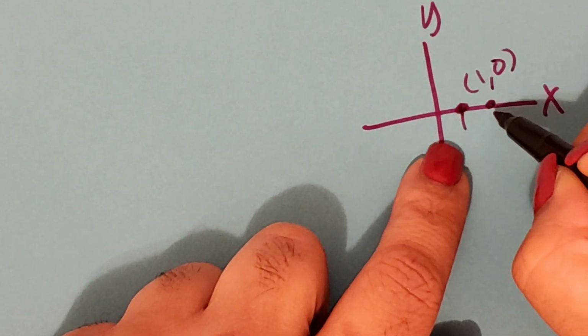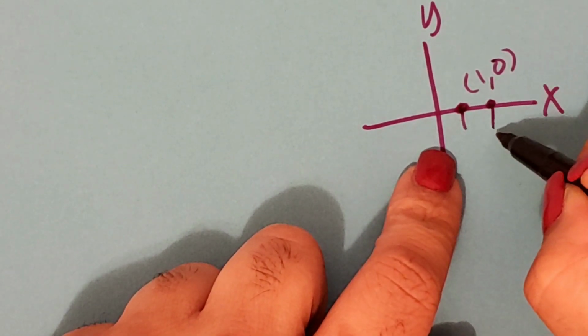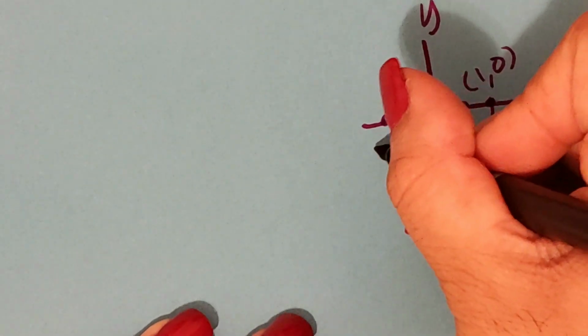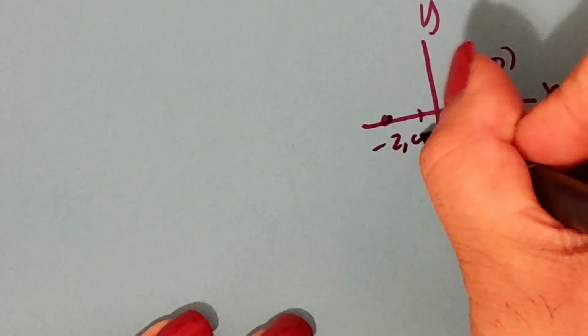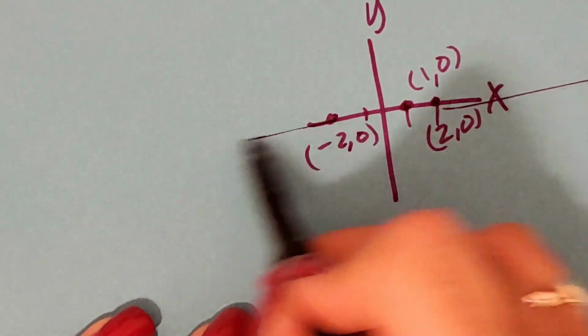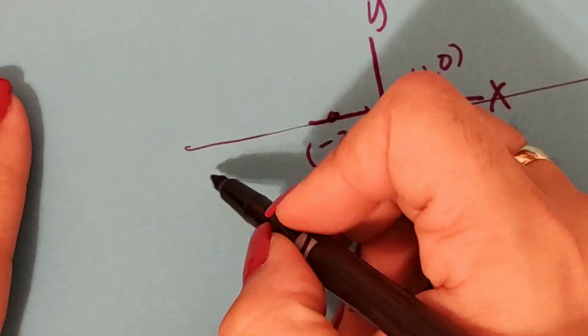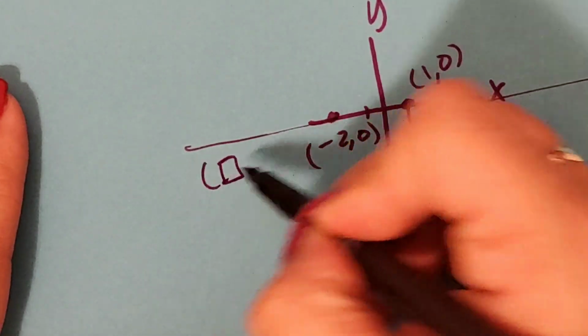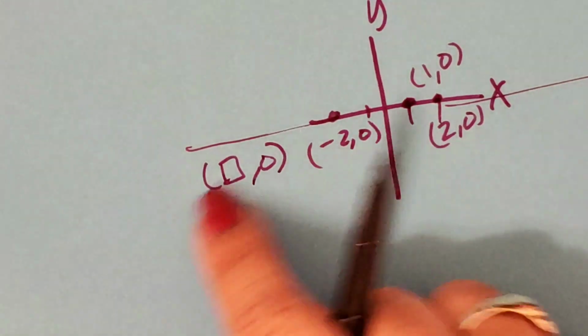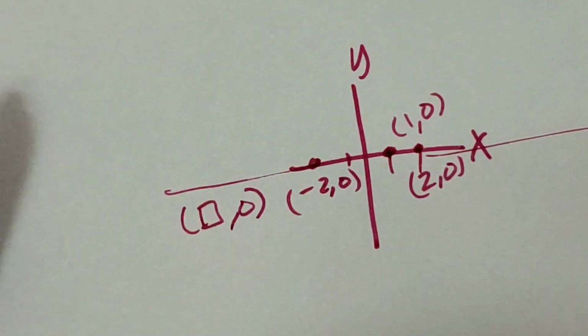If it's my x-intercept, again, this would be 2, 0. If it's somewhere over here, it would be negative 2, 0. And no matter how far off we are in either direction, no matter what the number is, it's going to be something, your x-intercept, and then 0. And that's where we get that x, 0 for your x-intercept part.